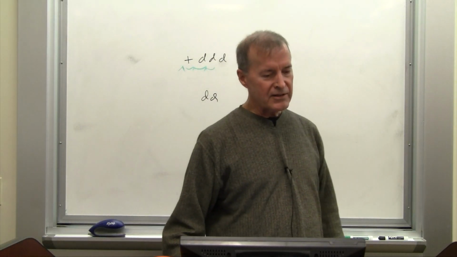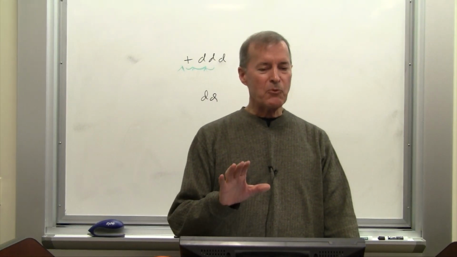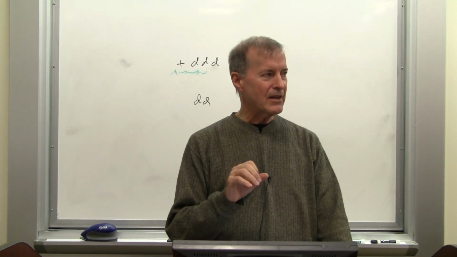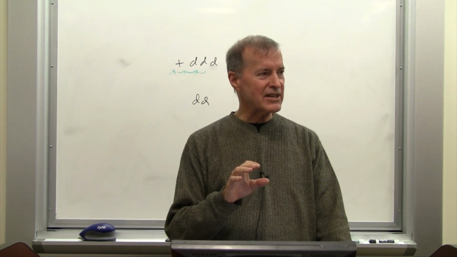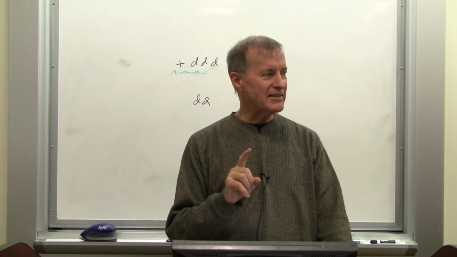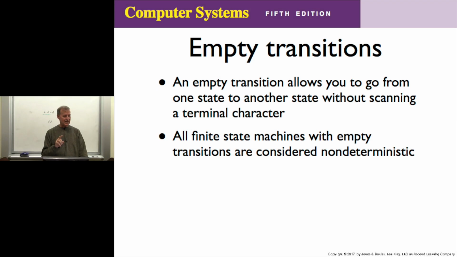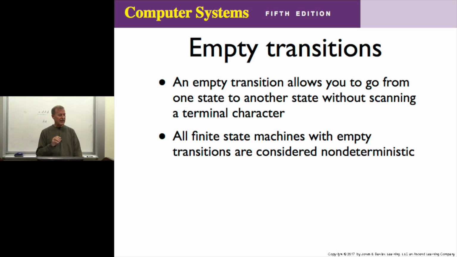Okay, now next concept. In the same way that a grammar has an empty string, finite state machines can also have empty transitions. And what happens if you have the empty string concatenated with another string? That's the same as just the other string, right? But now how does an empty transition work on a finite state machine?